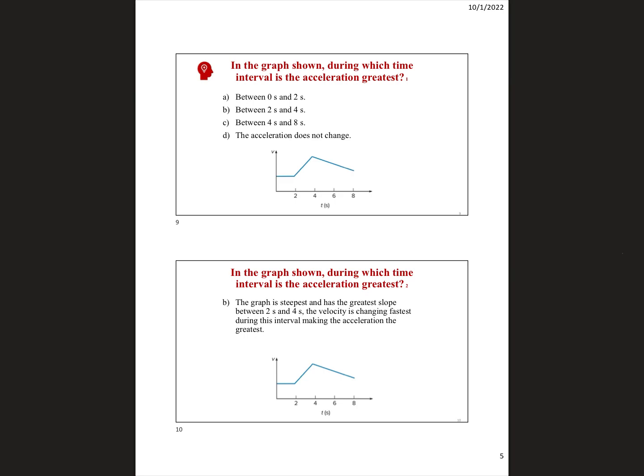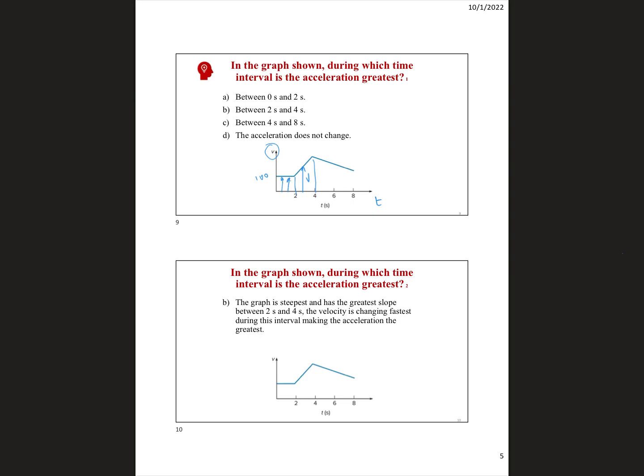Now in this graph, that you see, is velocity versus time. Remember, this is velocity, what you see. Here we saw that the velocity is constant, between 0 and 2 it is 100. After 2, the velocity increases and increases. So the question says, during which time interval is the acceleration greatest?